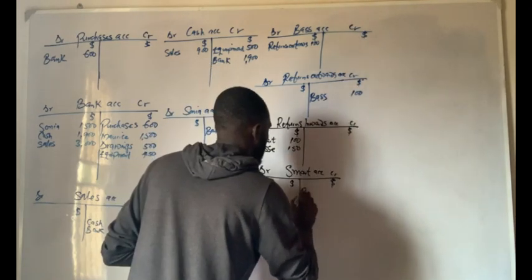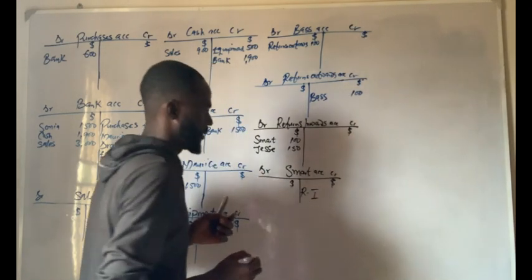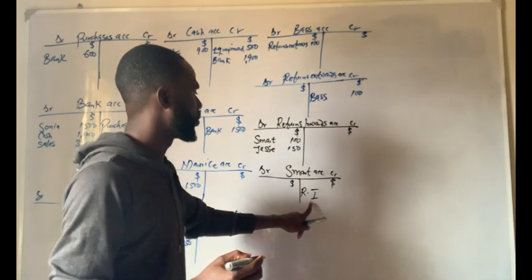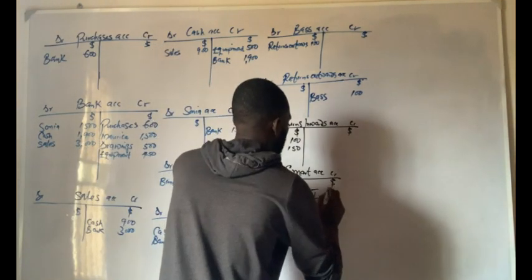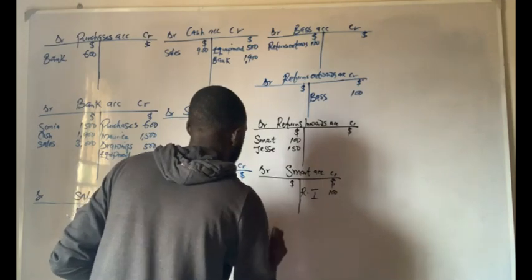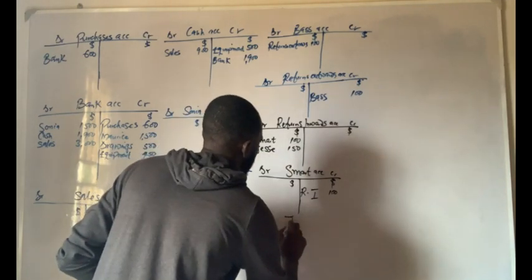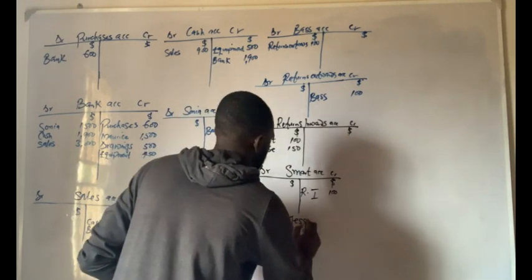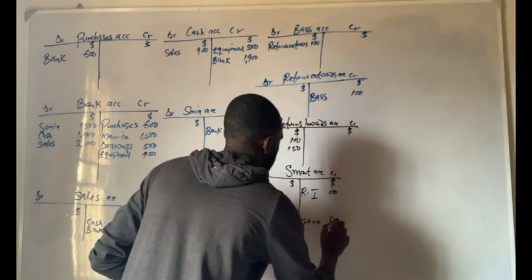So here it becomes returns inward. I'm going to have it very short. Returns inward is 100 by Smart, and then we'll debit again. We'll open for the second person to show the corresponding credit entry. So JC account, I have credits.